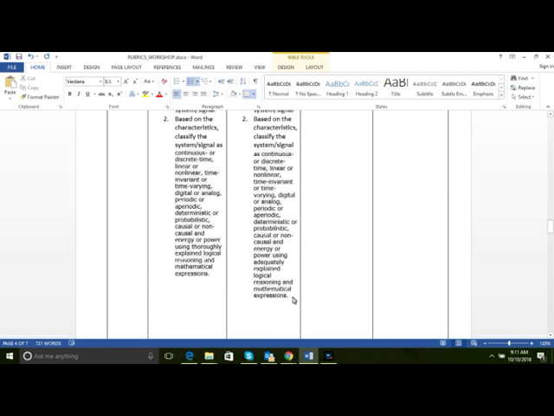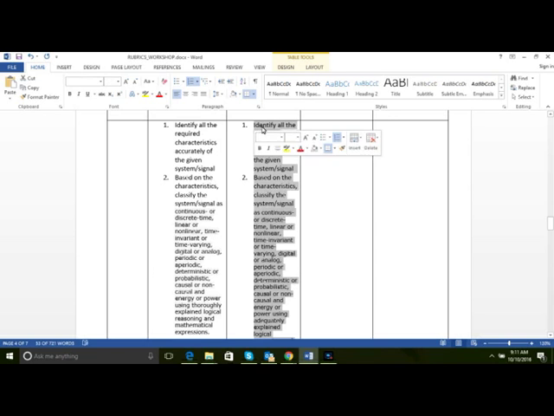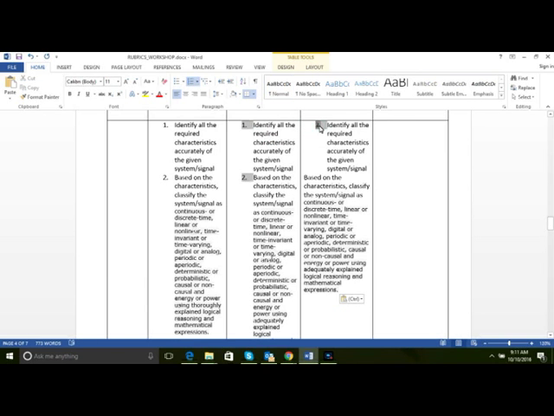Copying this into the minimal category. The first step for the minimal category, the student should be able to identify some of the required characteristics accurately for the given system or signal.